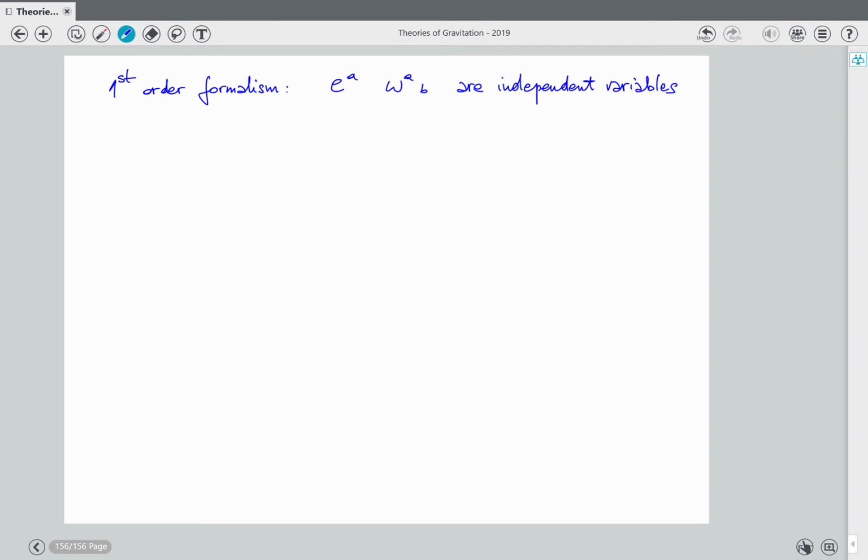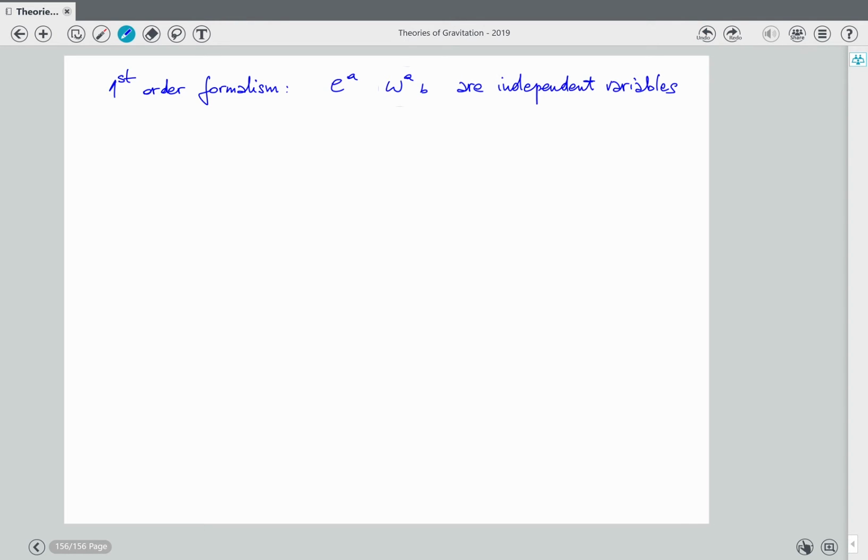That's what it means. Second order formalism is where instead, if you assume certain assumptions, we will see which ones, the spin connection will become a function of the field vierbein.